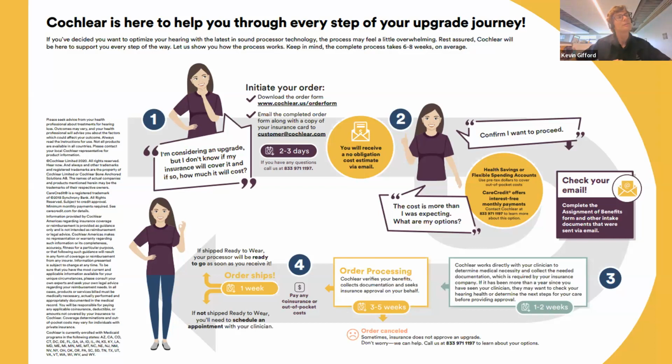So after you get that out-of-pocket estimate for your coinsurance, if you want to proceed with an order, you will then fill out the order form that is sent through DocuSign. So it is all done electronically. The reason for that is we want you to get into the most current and up-to-date processor as quickly as possible.